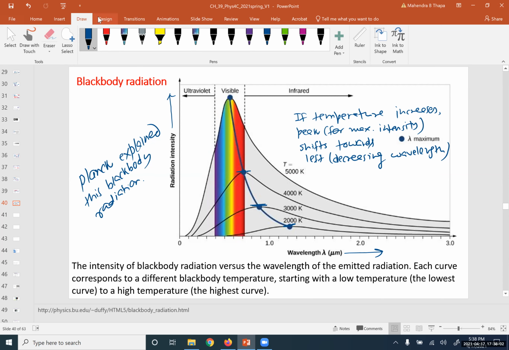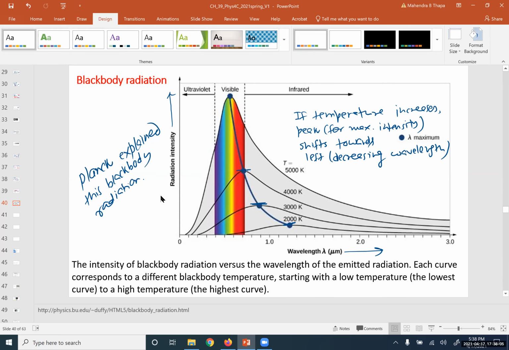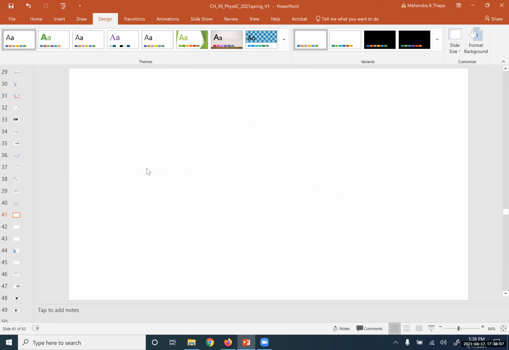What he did is that, according to Planck's hypothesis, the energy emitted will be equal to an integral multiple of hf. So this is Planck's hypothesis.